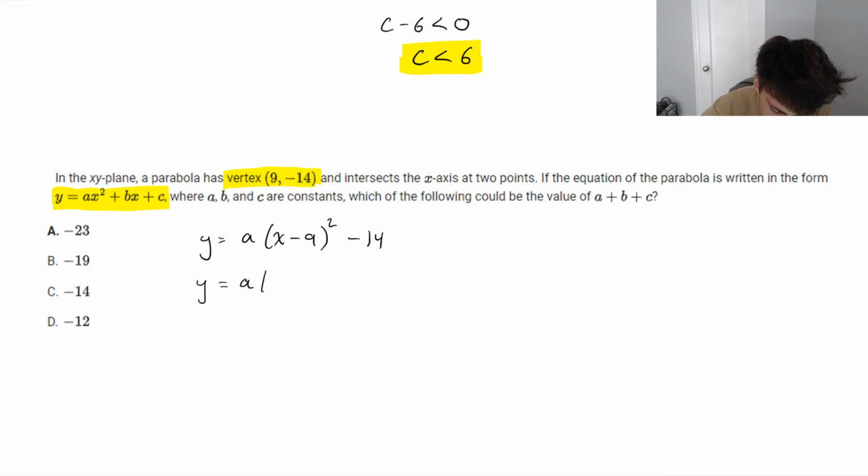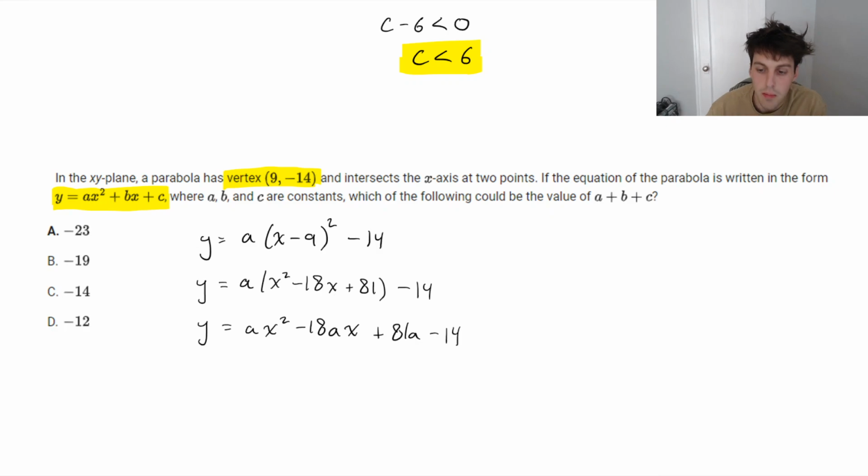So I've got a times x squared minus 18x plus 81 minus 14. Expanding this again, I'm going to get ax squared minus 18ax plus 81a minus 14.